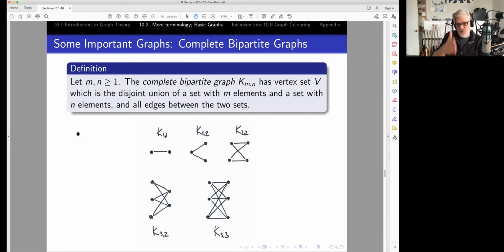But let's say you could call the vertices on one side A1 to AN, and the ones on the other side B1 to BM. Do you see what I mean? It just means I take two sets which don't have anything in common, and I put all the edges in between them. That's all. There's nothing hidden deep or anything.